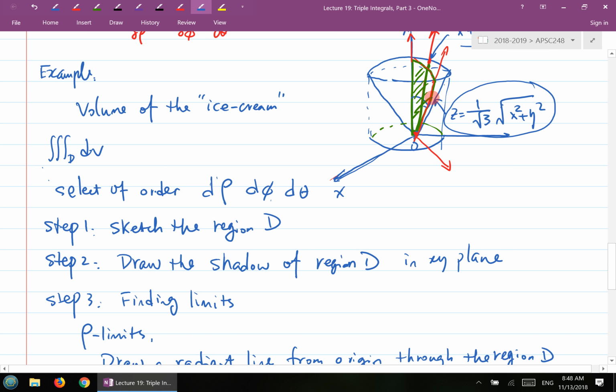See if you have an intersection between this line and the region D. If there is, then your phi min is 0. And then always go counterclockwise until you hit the edge of the region D. Then phi max is from the z-axis counterclockwise to wherever the edge is. So it doesn't matter whether you have a symmetric region D or not. The phi limit is always from 0, if you have an intersection, to wherever the edge of the region D is.